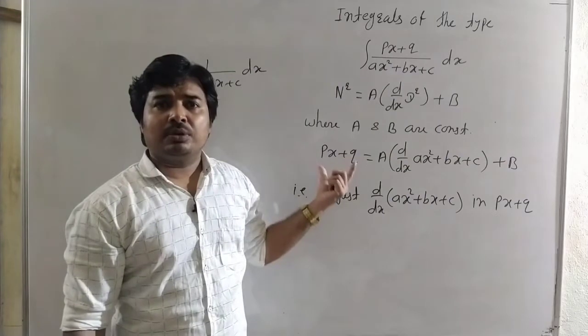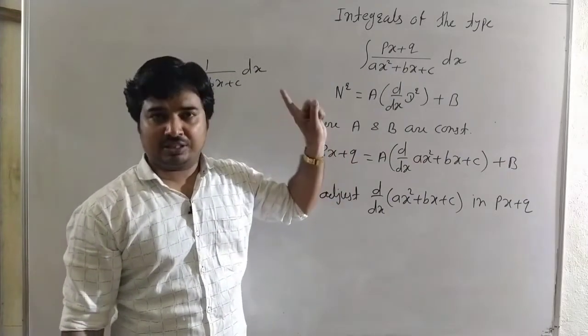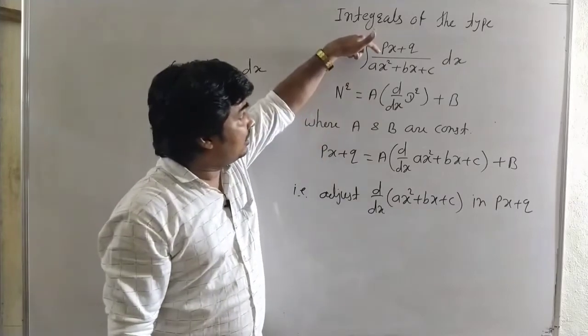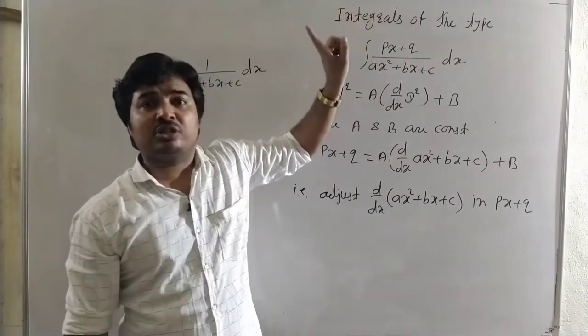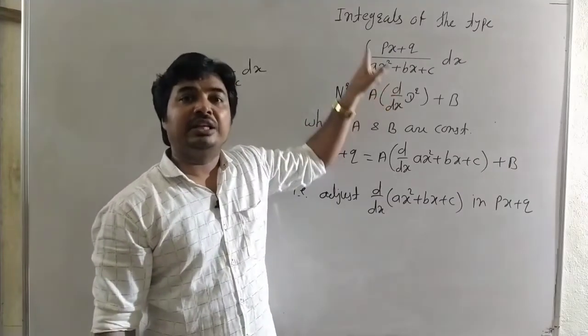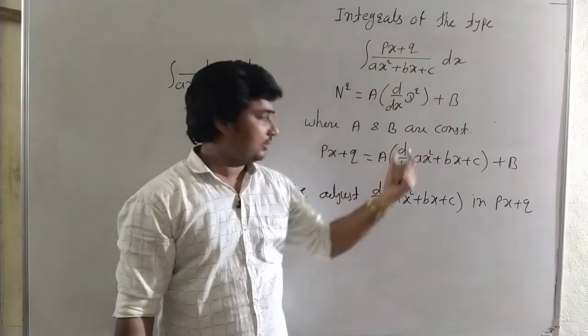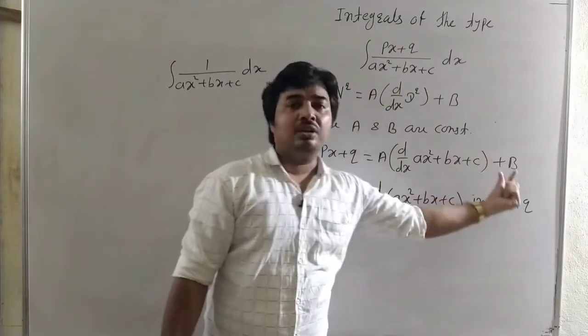Such type of example we have already seen in our lecture number 6. Here the degree of numerator and denominator is not the same, but when we differentiate the denominator, the degree of the derivative of the denominator and the numerator is the same, then we adjust the derivative of the denominator in the numerator.